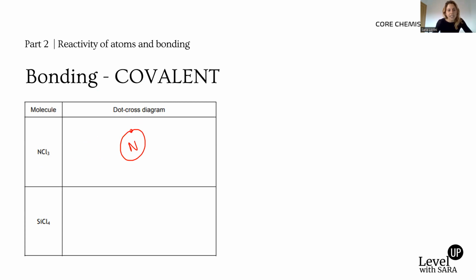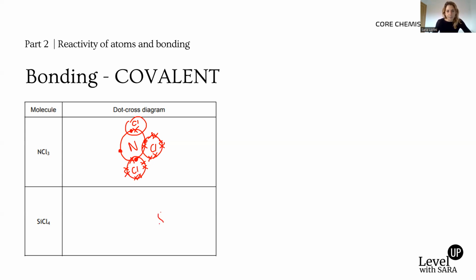We know that nitrogen has 5 electrons because it's in group 5, so 1 electron on each side. And then chlorine, it will share 1 electron with the nitrogen because we know that chlorine has 7 in its outer shell because it's in group 7. Okay, so we know that it needs only 1 to have this magic number 8 so that it's stable.